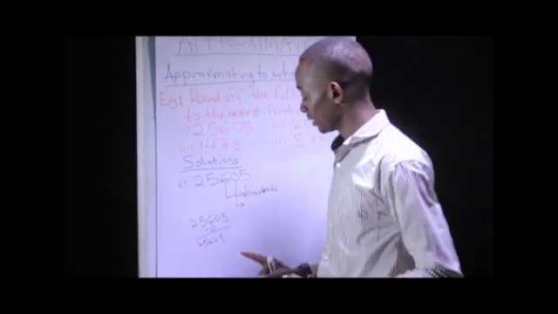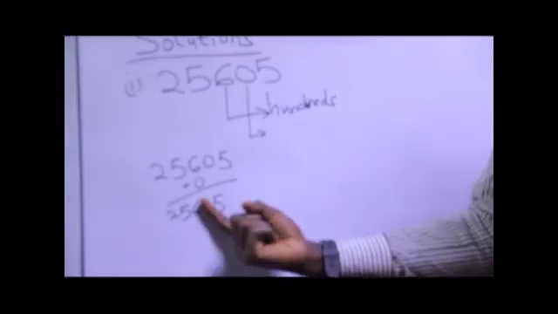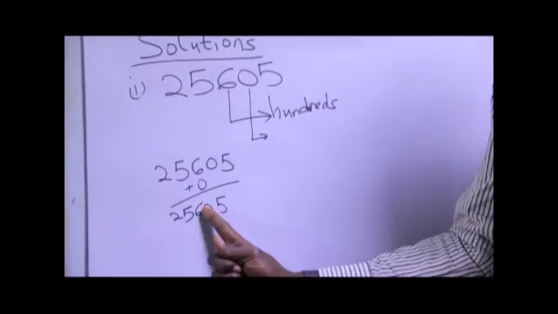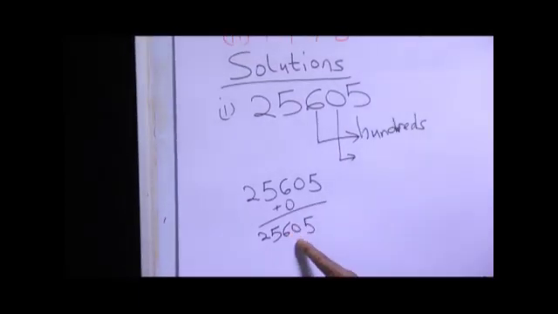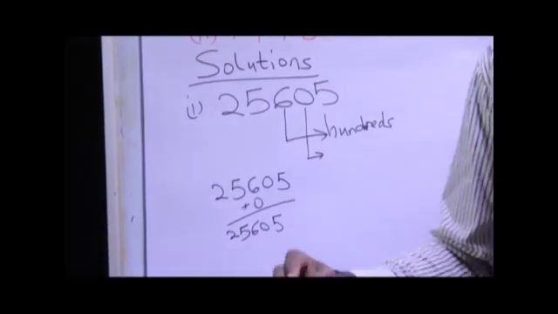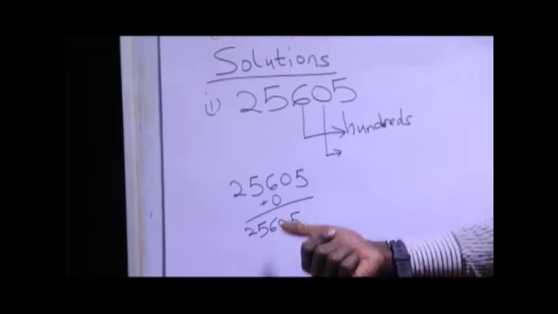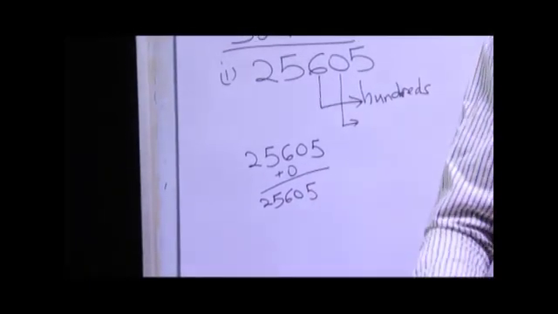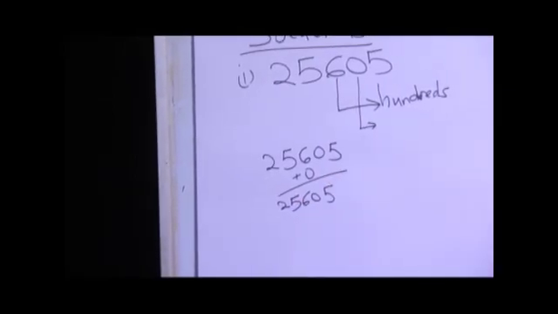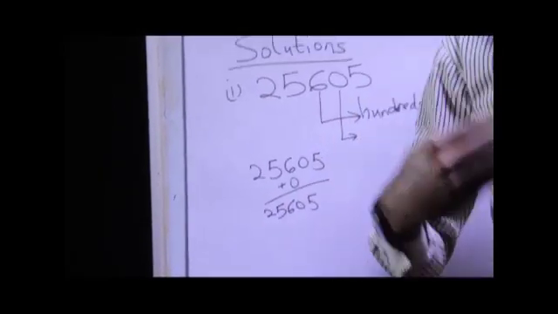So after I have done that, all the other numbers to the right of 6, I'm going to replace them with 0. So if there was a 0, I will leave it as a 0. Where there is a 5, I'm going to replace it with a 0. If there is a 2, I replace it with a 0. If there is a 7, I replace it with a 0. In other words, all the numbers to the right of 6 shall be replaced by a 0.